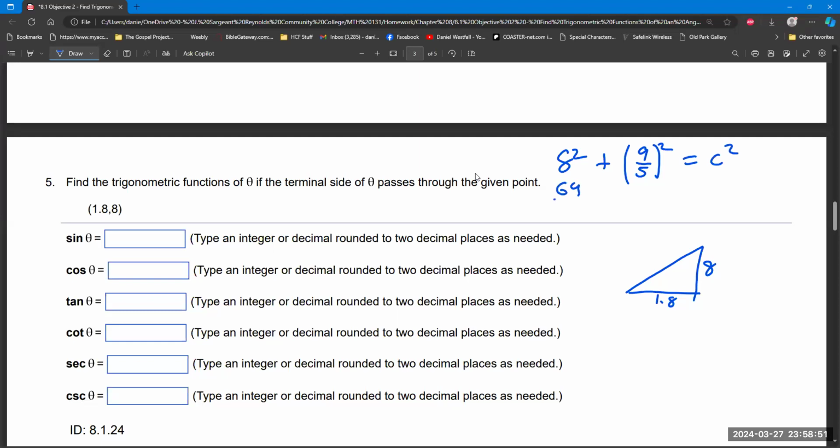So 64 over 1 plus 81 over 25 is equal to c squared. 64 times 25 is 1600 over 25, plus 81 over 25 is 1681 over 25, which is c squared.